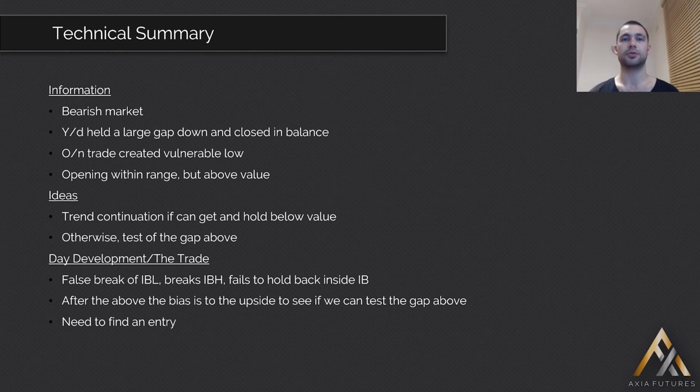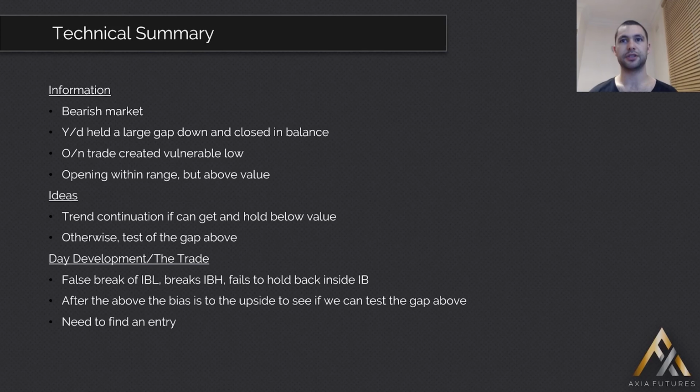Now, because we already know what's coming up, as the day develops, what have we seen? Well, we see a false break of the initial balance low. We then see the market come up and break the IB high. We then see it fall back inside the IB, but then push back out.